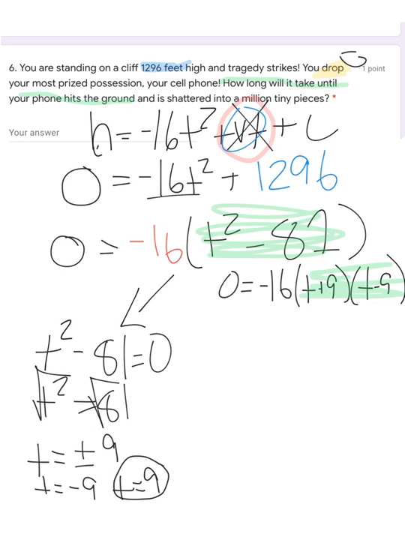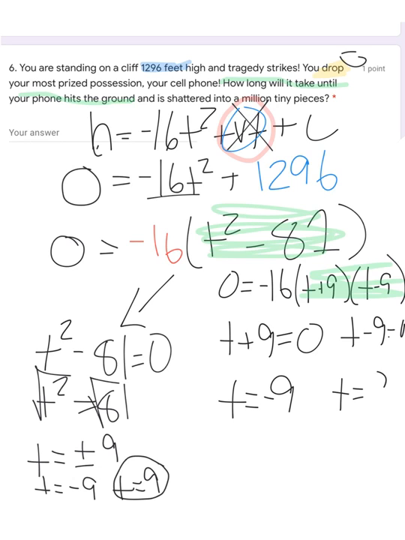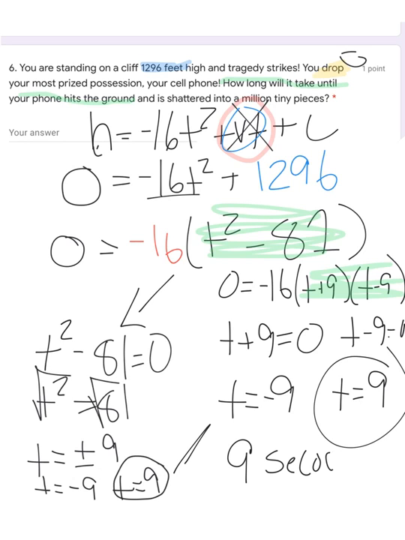You could have expanded it and solved it, ending up with t plus 9 equals 0 and t minus 9 equals 0. Subtract 9, you get t equals negative 9. Add 9, you get t equals positive 9. Notice we have the same answers. Only one logical solution here, a positive 9. So after 9 seconds, our phone would hit the ground.